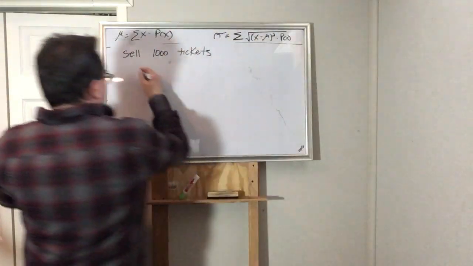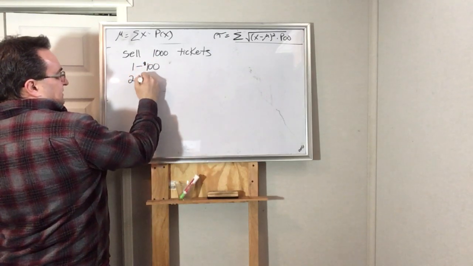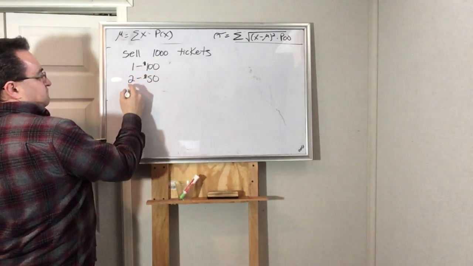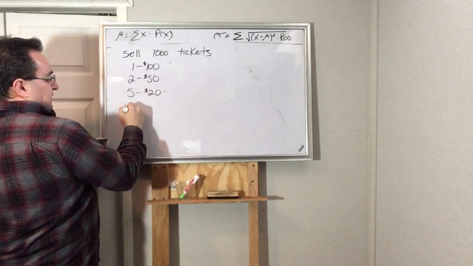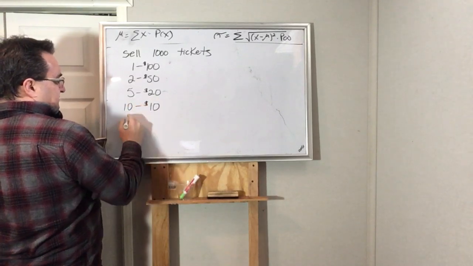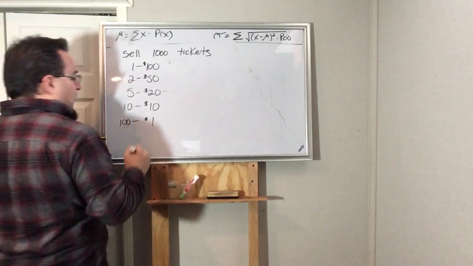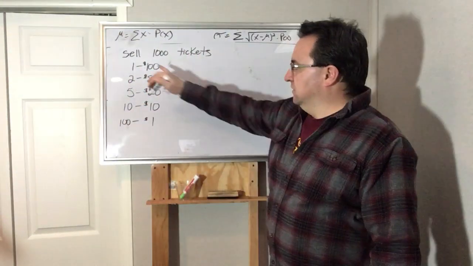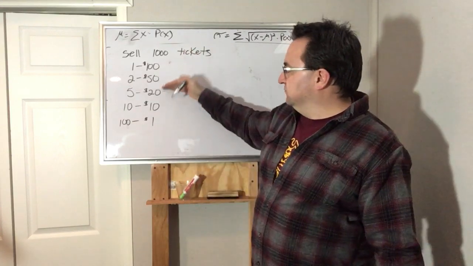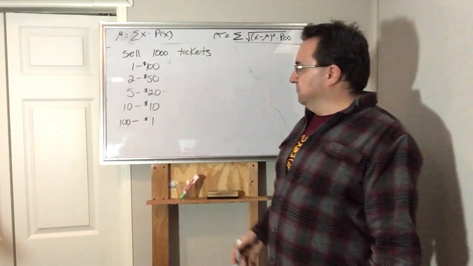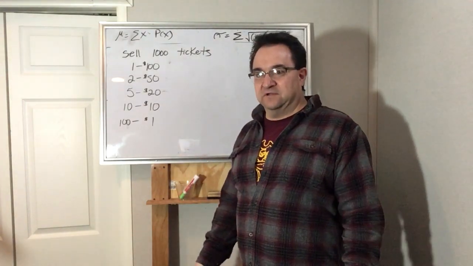So we'll make it one ticket wins $100, 2 tickets win $50, 5 tickets win $20, 10 tickets win $10, and 100 tickets will win $1. So that's 100, 100, 100, 100. That's $1, 2, 3, 4, $500 that we're paying out. We're selling 1,000 tickets, and we're going to be paying out $500.